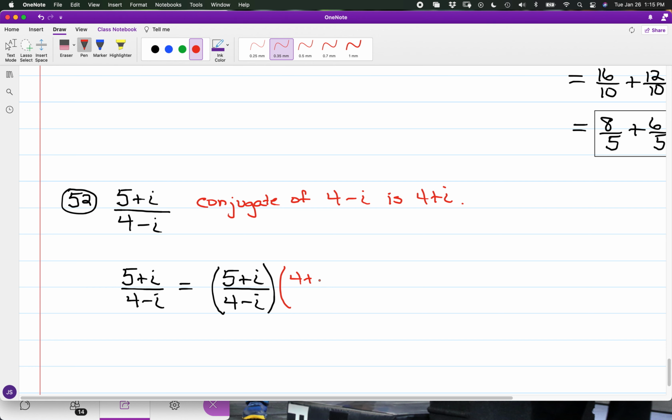So here I'm going to have 4 plus i over itself. And just working with what we have now.